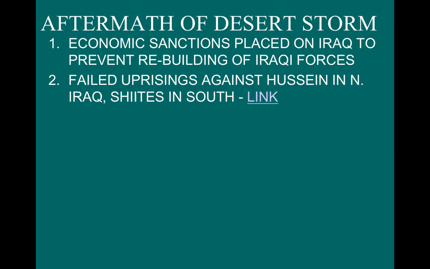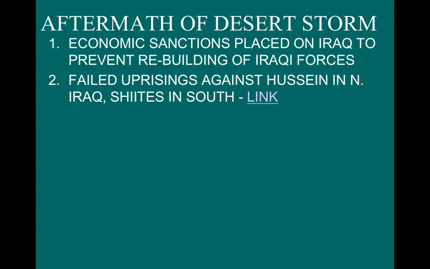Secondly, during this time, the United States encouraged the minority groups within Iraq. Again, Iraq was divided between Sunni Muslims, Shia Muslims, the Kurds. This was a byproduct of the Sykes-Picot Agreement that really didn't pay attention to where people lived. Again, lines were simply drawn on the map.